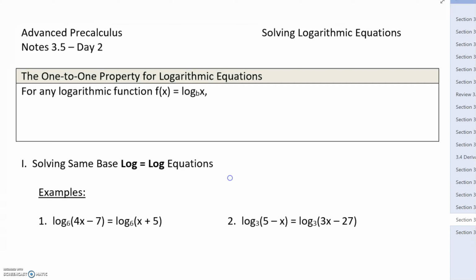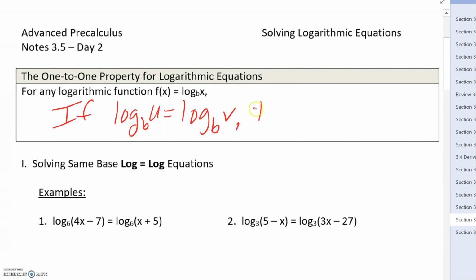So that's good news. Let's look at, first of all, the one-to-one property for logarithmic equations, just like we have the one-to-one property for exponential equations. And it's a pretty common sense property. It just says for any logarithmic function, if log base b of u is equal to log base b of v, then u equals v.